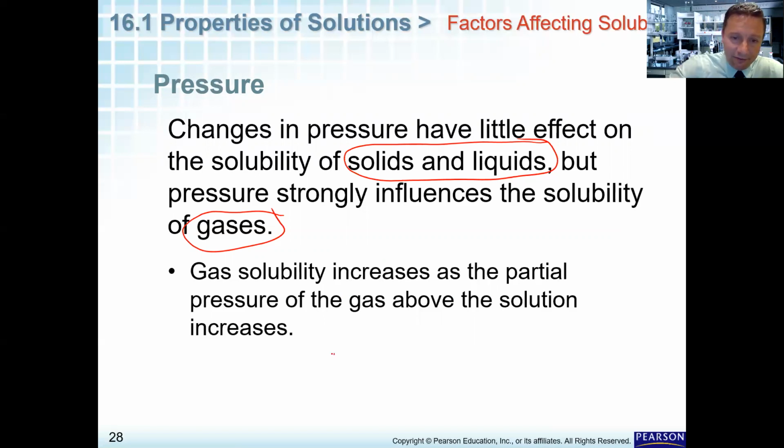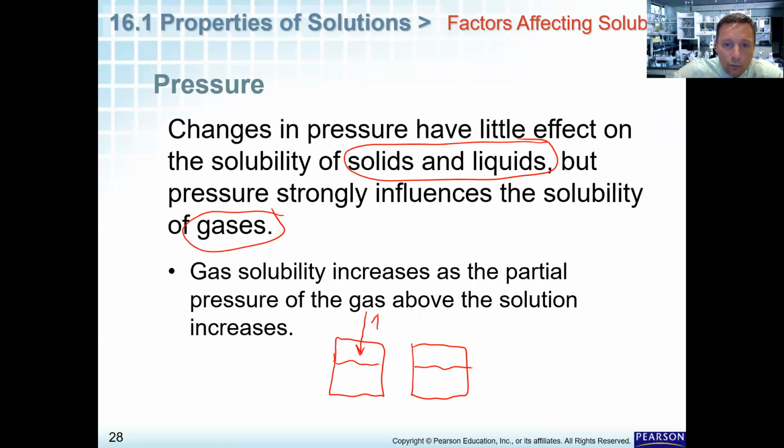So if you have this container with a liquid here, and you have another container here with this same liquid, same temperature, and you applied greater pressure, the solubility is going to be more of that gas in that liquid. If the pressure is lower, that means the solubility of the gas will be lower. So it is directly proportional to the pressure above the liquid.